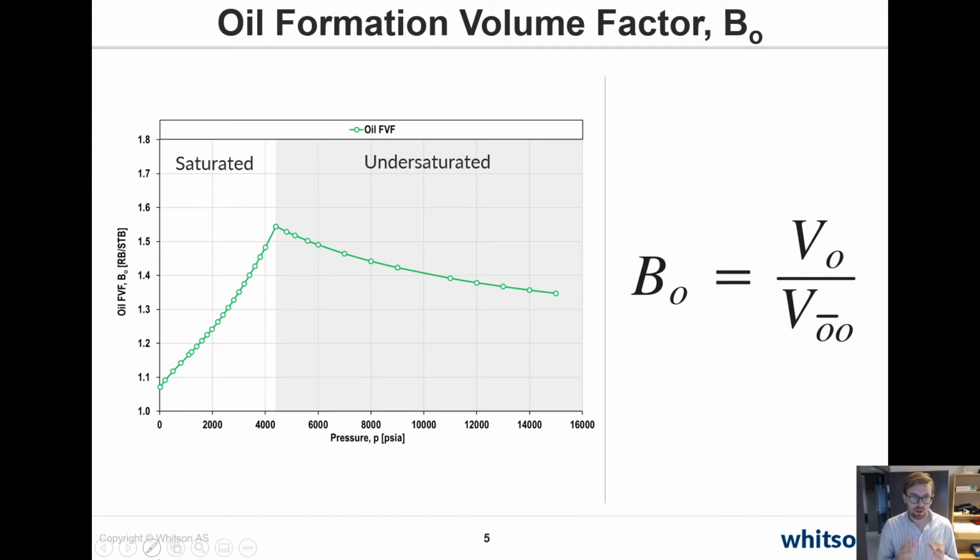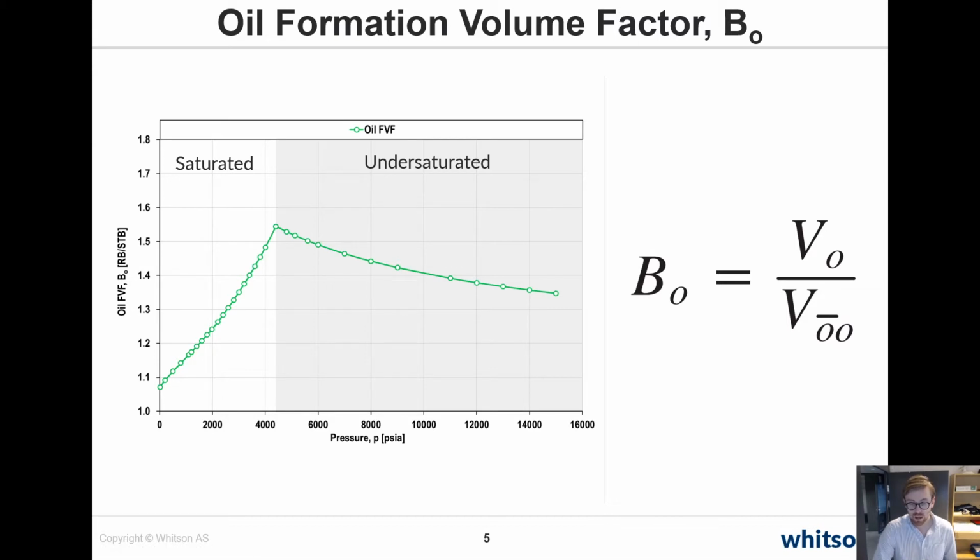The most common plot of this that we've all most likely seen is the oil formation volume factor, the so-called B subscript O, plotted versus pressure. The definition for the formation volume factor of oil is the reservoir oil volume divided by the surface volume of oil originating from that reservoir oil phase.